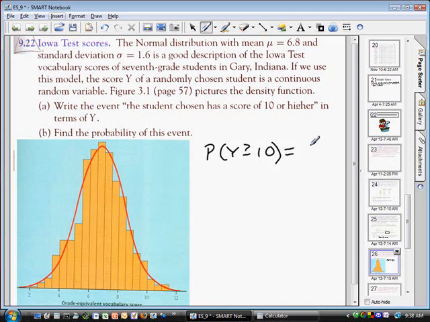Well, the score, as you can see, is down on the bottom. Now we have nothing. I should check on 57. Did I cut off a scale? I don't think I did, but let's just take a look. 57. Nope, that's it. That's the whole graph. Okay. So, score of 10 or higher.